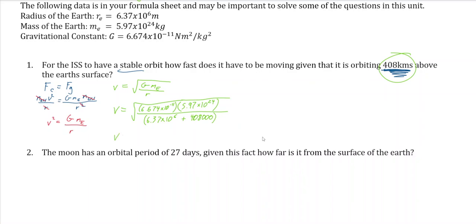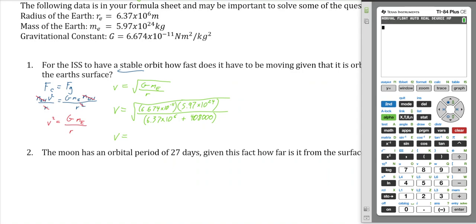Okay, so that means the velocity must be, and now we're going to calculate this. So square root of 6.674 times 10 to the exponent negative 11, 5.97 times 10 to the 24, 6.37 times 10 to the 6.